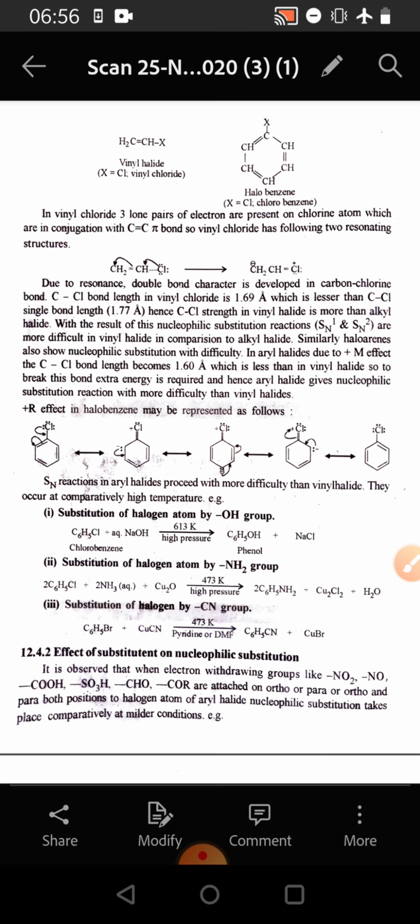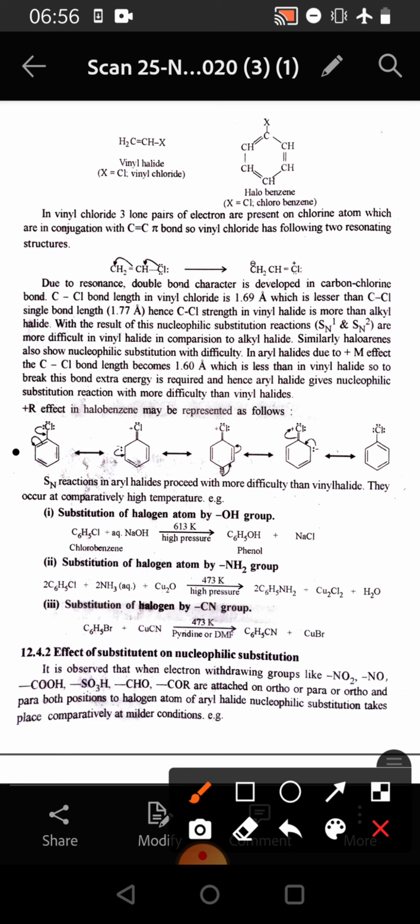Now, as we have seen before, the lone pair of electrons on chlorine enters into conjugation and a double bond is formed between Cl and the benzene carbon. The double bond between C1 and C2 shifts onto the second carbon, which becomes negative. Then by successive migration of the double bond within the ring, the negative charge shifts from the second position to the fourth position to the sixth position.